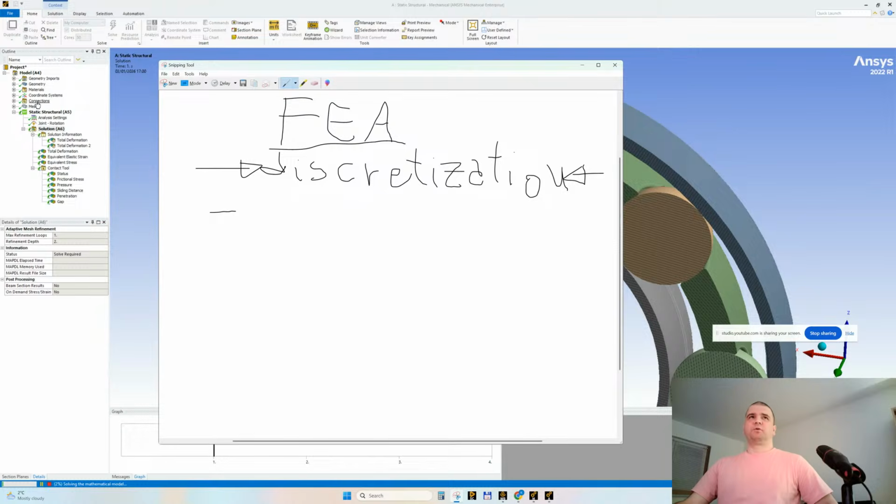We can talk about connections. This means, I'll write here, connection. On the connection level, this means refine meshing contacts, let's say.